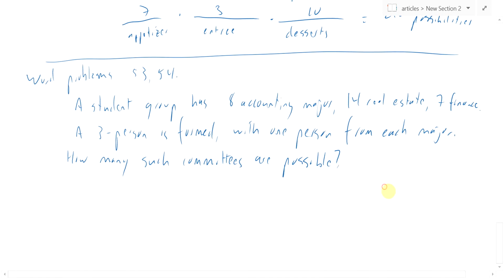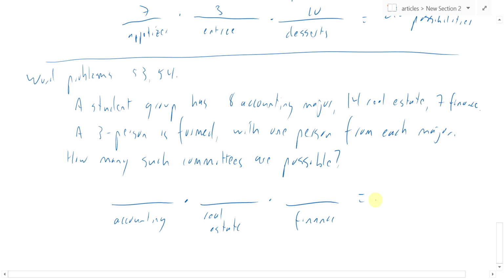Well, same deal, right? First person, well, you have to pick 1 accounting person, an accounting representative, and then a real estate representative, and then you have to pick a finance representative. How many choices do you have for accounting? 8. How many for real estate? 14.